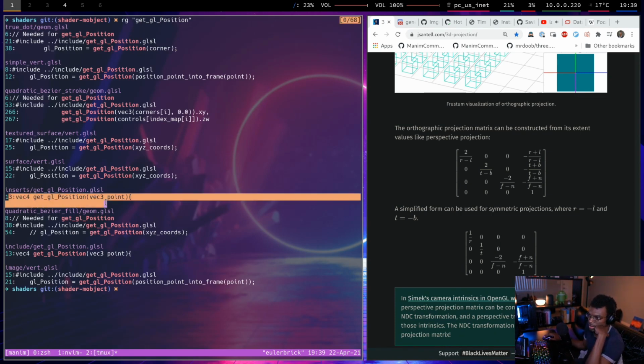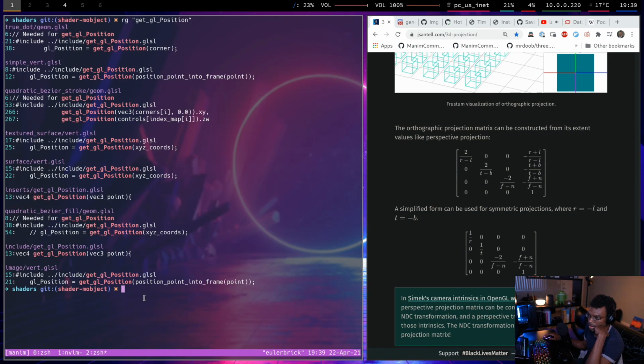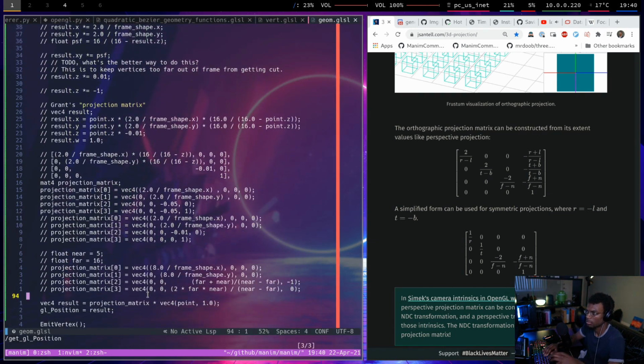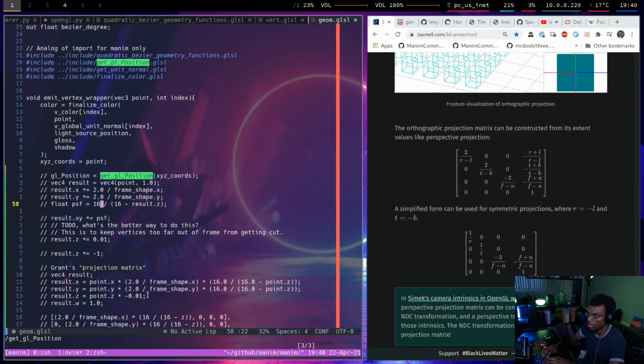It's defined within an insert, but that's all. So that's super weird. And this is in the wrapper.